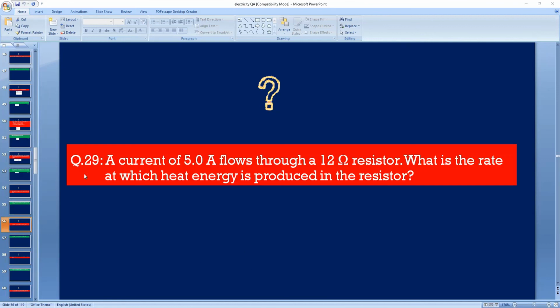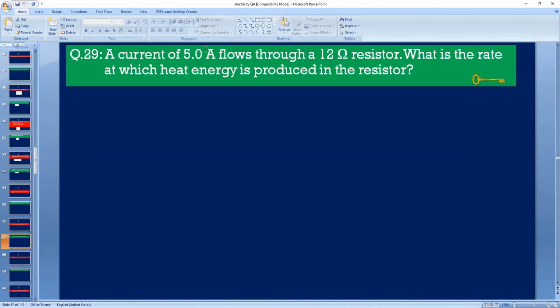Next question. A current of 5 amperes flows through a 12 ohms resistor. What is the rate at which heat energy is produced in the resistor? Now current I is equal to 5 amperes. Resistor R is equal to 12 ohms. So H is equal to P into T. What is the rate at which heat is produced?